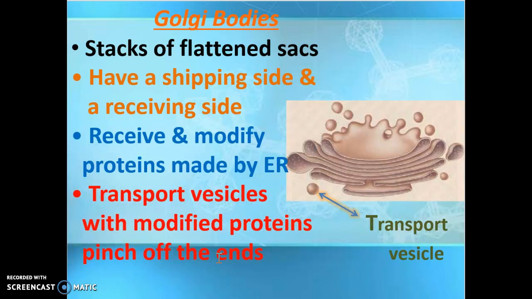Alright, the Golgi apparatus, or Golgi body, is a flattened sac. It just looks like a flattened sac stuck there. And it has a receiving side near the ER and smooth ER and rough ER. It takes in what they've made. It then modifies it. It can take the proteins and add some lipids to it, some sugars, and make a phosphoglycopeptidolipid of some sort.